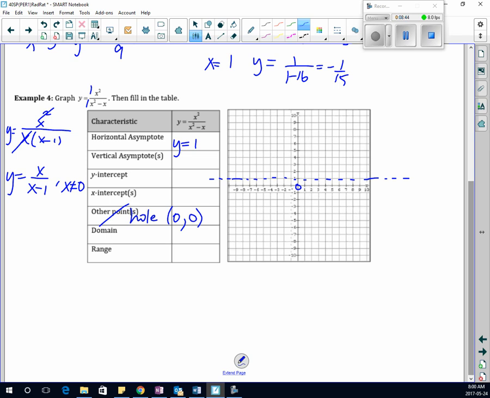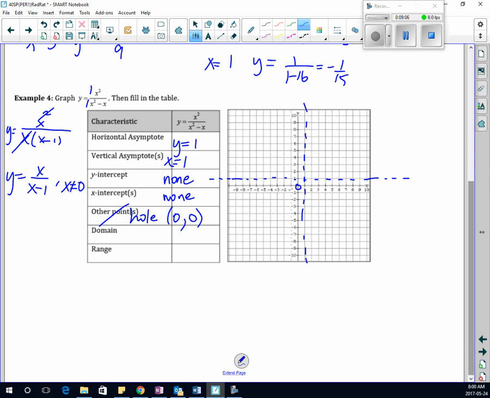A y-intercept potentially could be at 0, 0, but because there's a hole, it would be none. And we have a vertical asymptote because we still have a non-permissible at x equals 1. So x-intercept none.